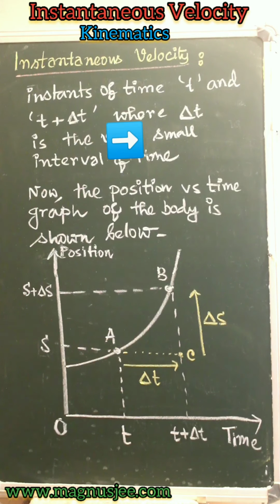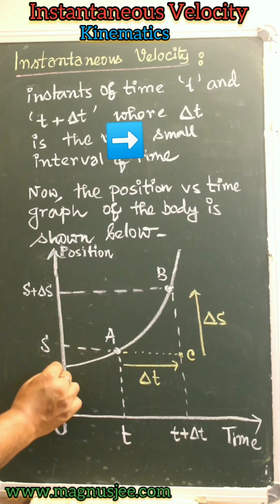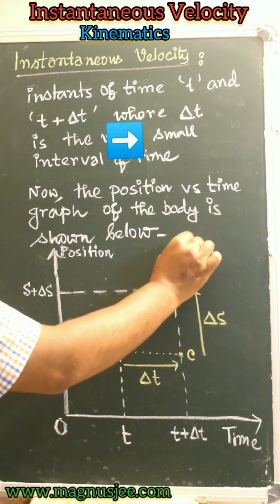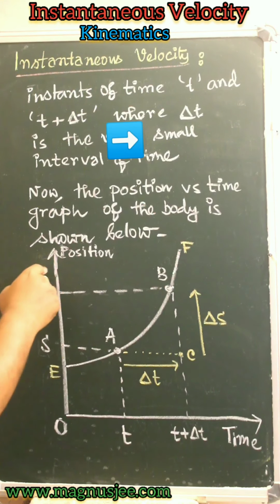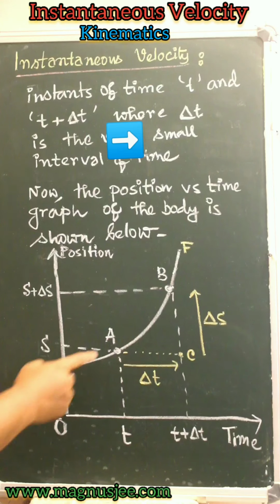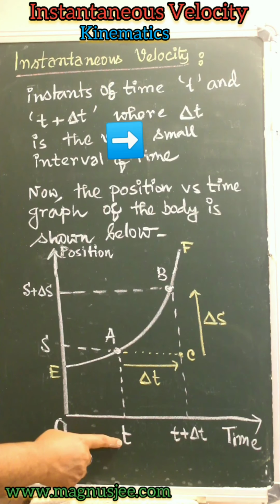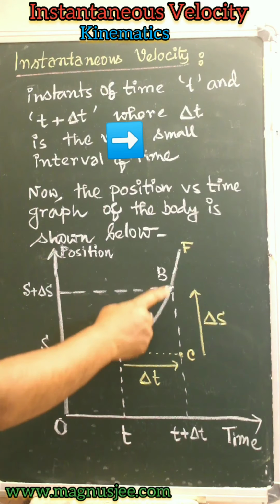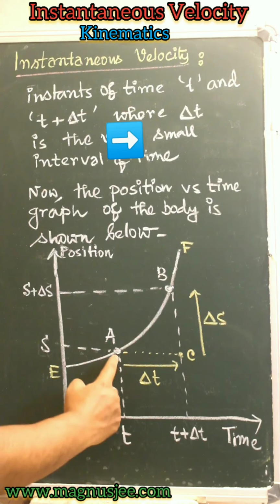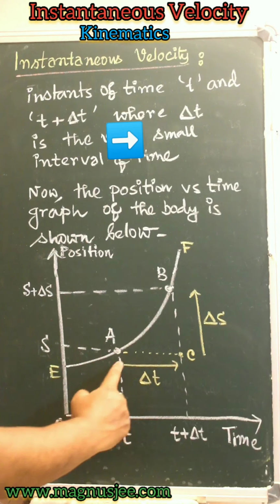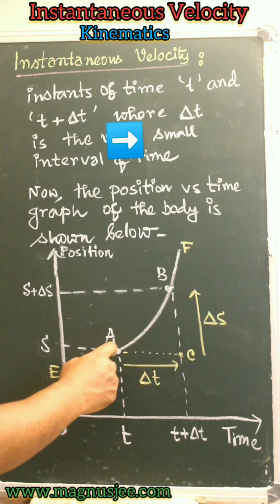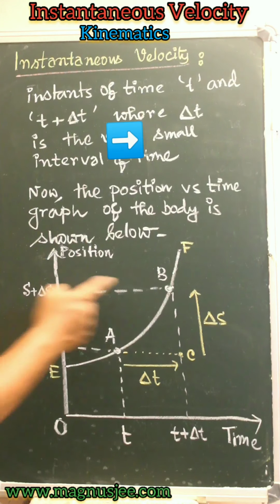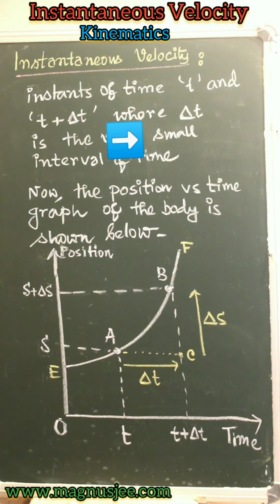These points are E and F. So EF is the position versus time graph of the body, and at the point A, time is t. At the point B, time is t plus delta t, AC is delta t, and BC is delta s.